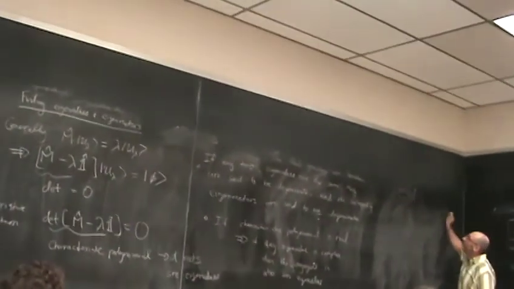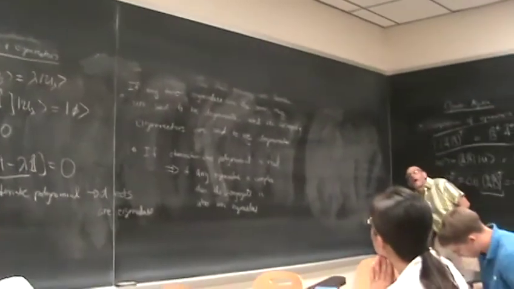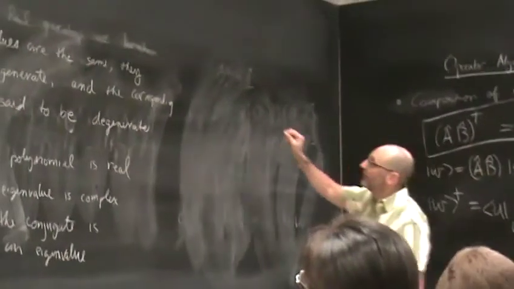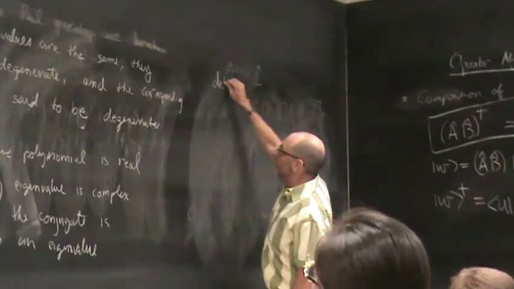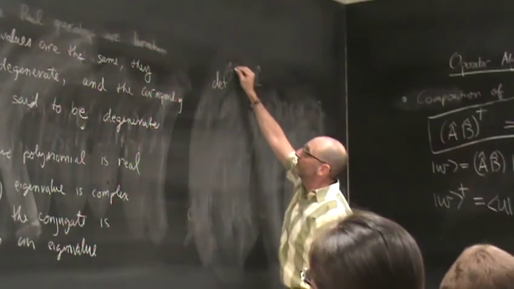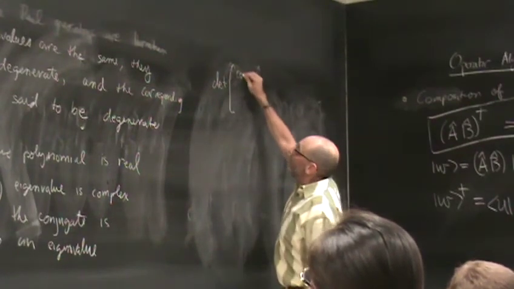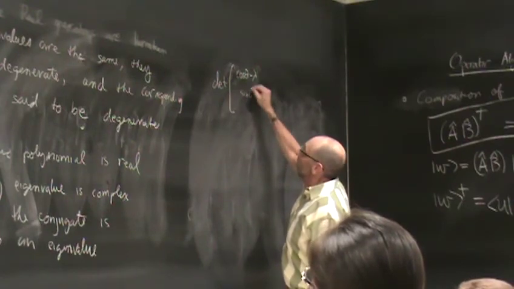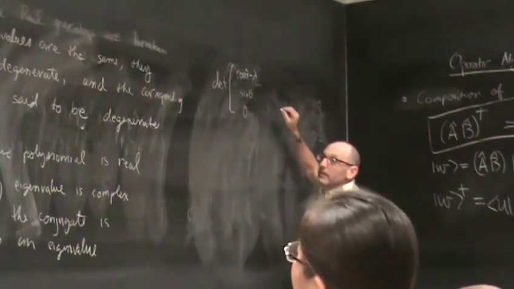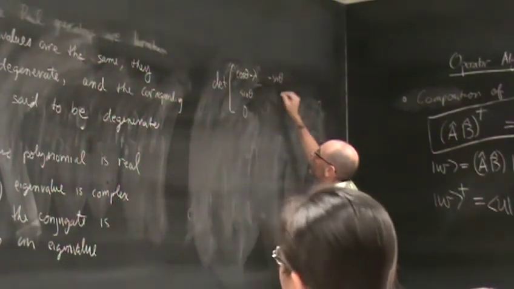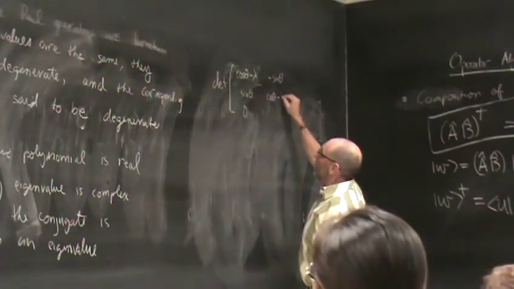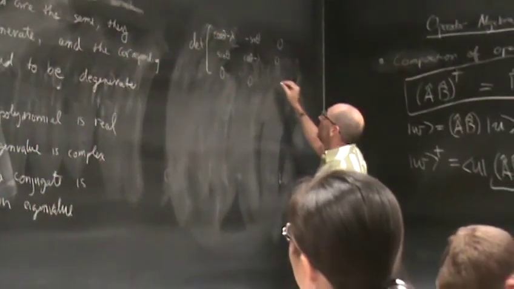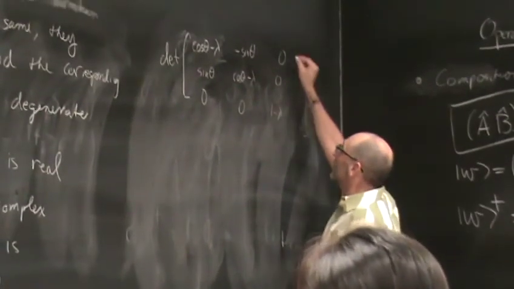The roots of our characteristic polynomial for this matrix. Okay, so let's write down the characteristic equation. The determinant of cos theta minus lambda, sine theta, 0; minus sine theta, cos theta minus lambda, 0; 0, 0, 1 minus lambda.